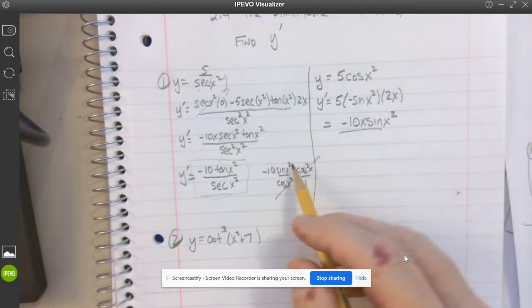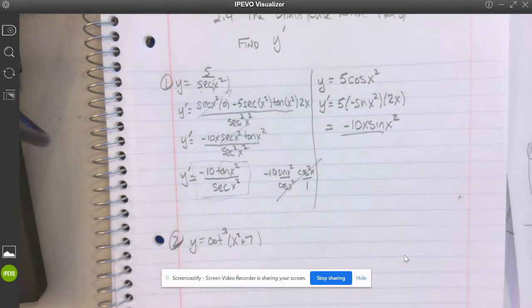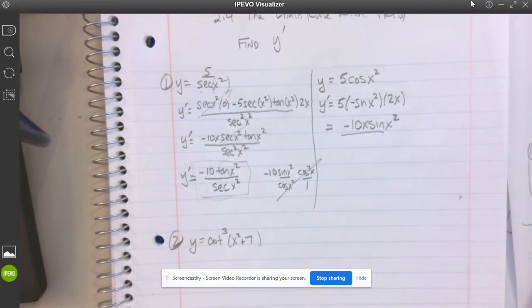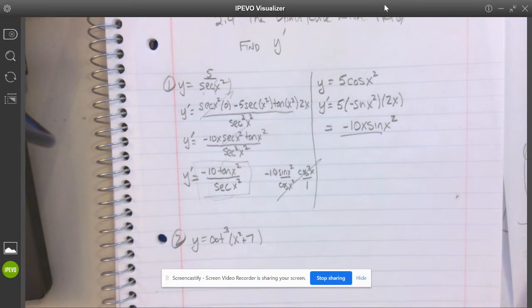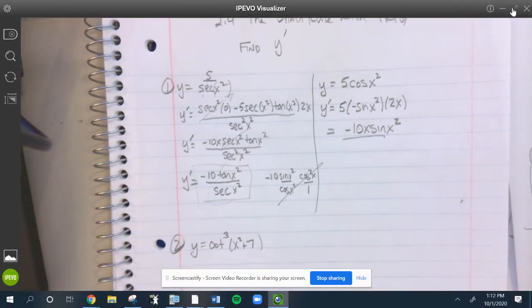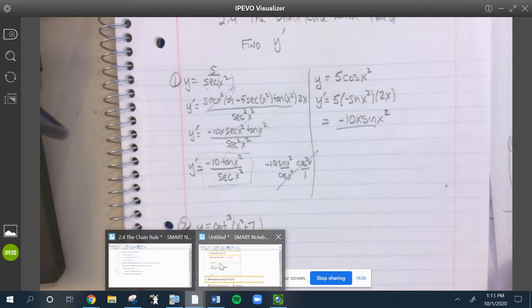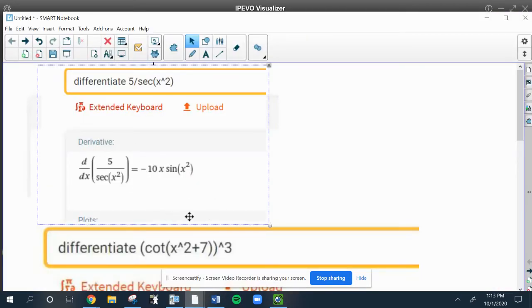You can cancel those and you get negative 10 sine x squared. And you can see from Wolfram Alpha, which I did include somewhere here. I can't find it now. Hold on. We got negative 10x sine x squared. So that looks good. Let's do the other one. That won't take too long.